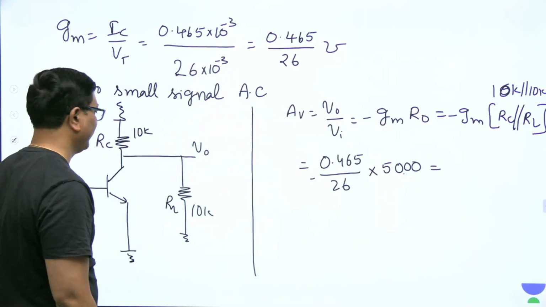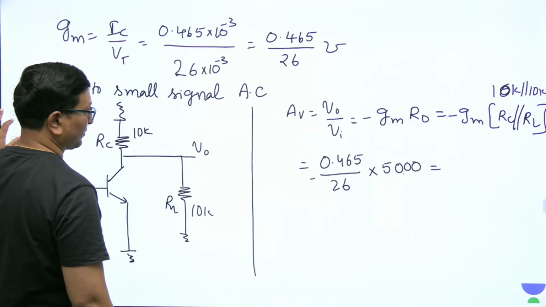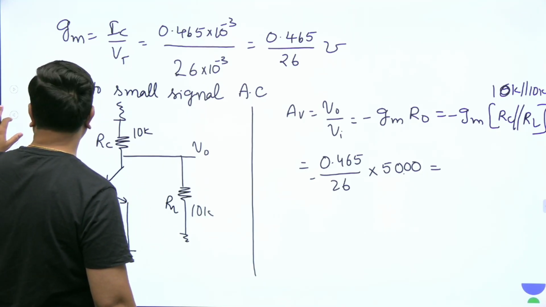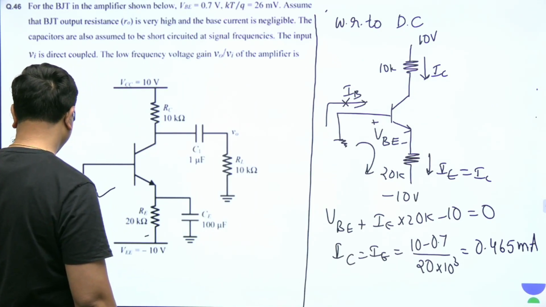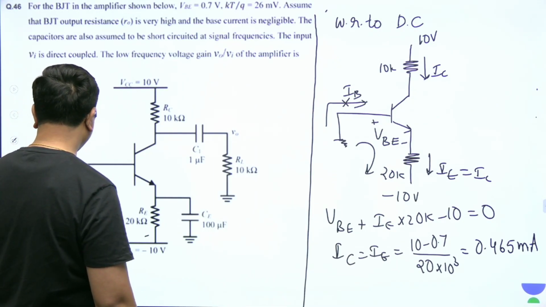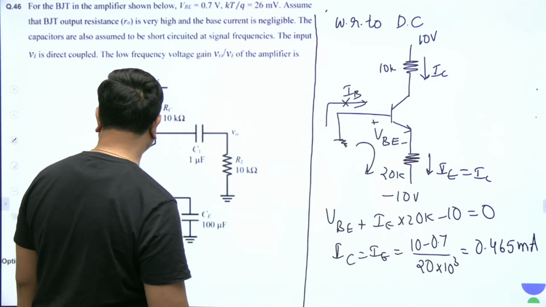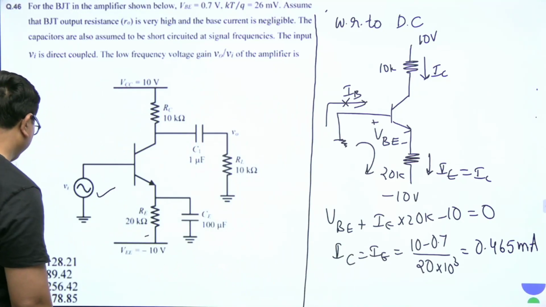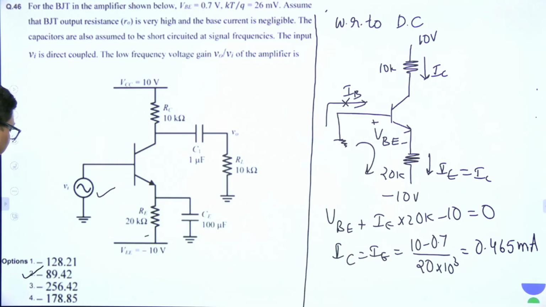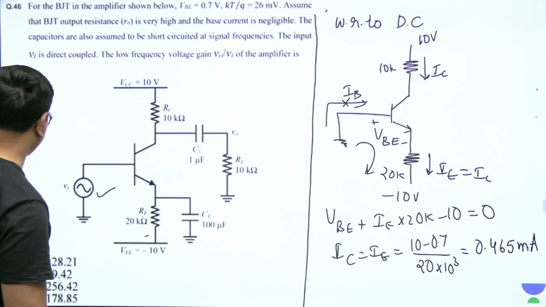If you solve it, you will get the answer around minus 89.42. Option B is correct here. Option B is correct. Minus 89.42.